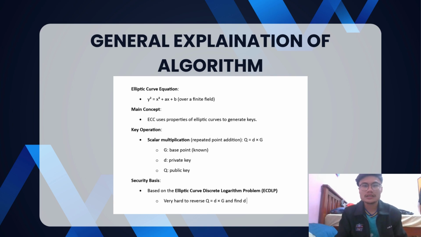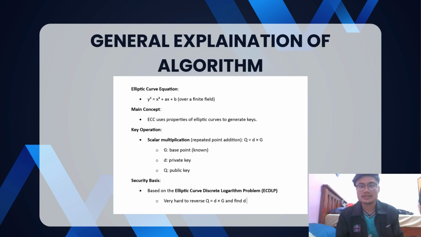Now, let's briefly explain how ECC works in general. ECC is a public key cryptographic algorithm that is based on the mathematical structure of elliptic curves over a finite field.